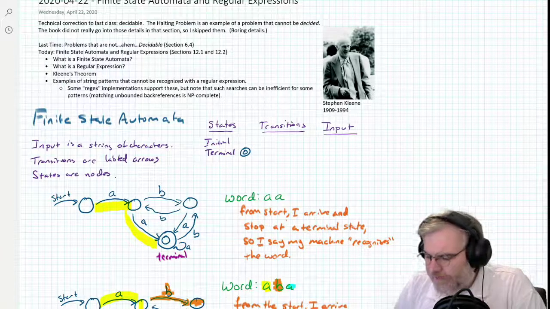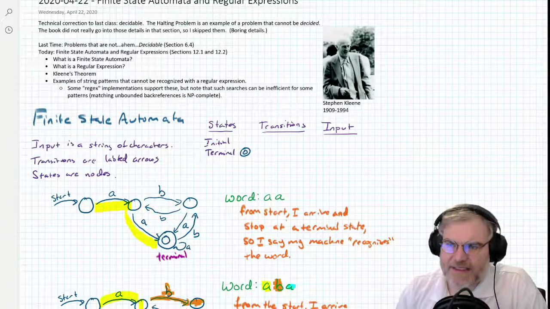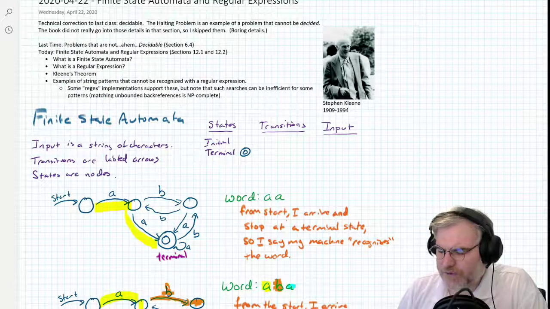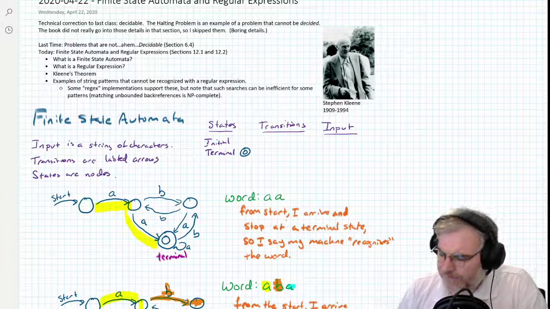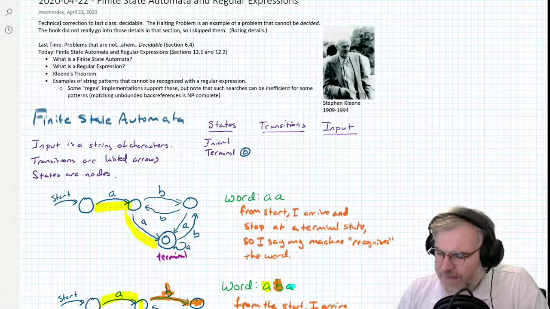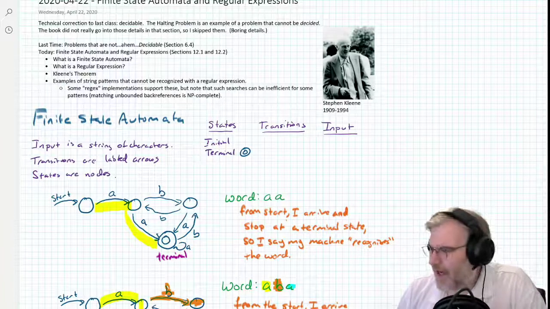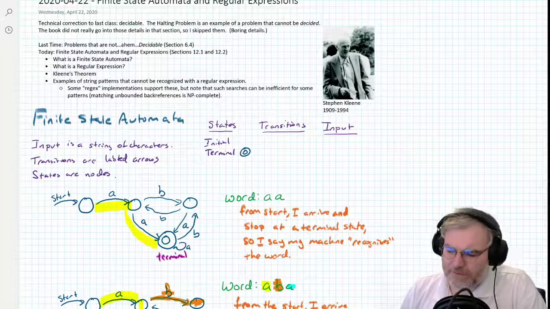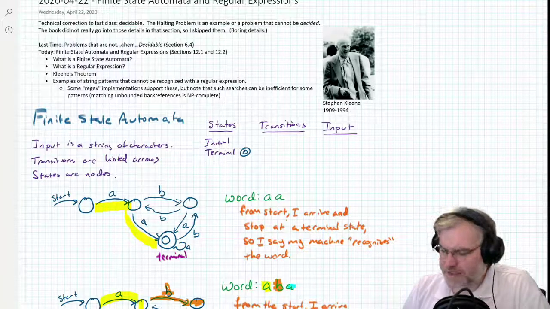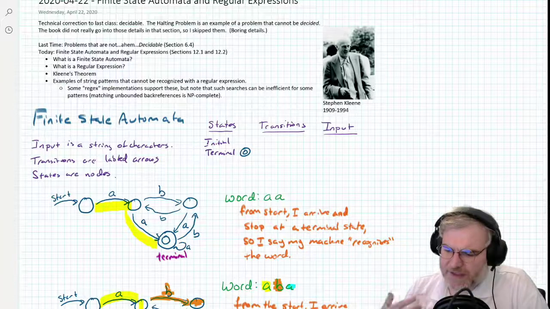But we did talk about the notation: the terminal state is the double circle, I've got a little arrow with a start, and then I just label my things. We talked about what a regular expression was and the relationship between regular expressions and finite state automata. They're the same thing by Kleene's theorem. And then we did examples of things that you can't do.